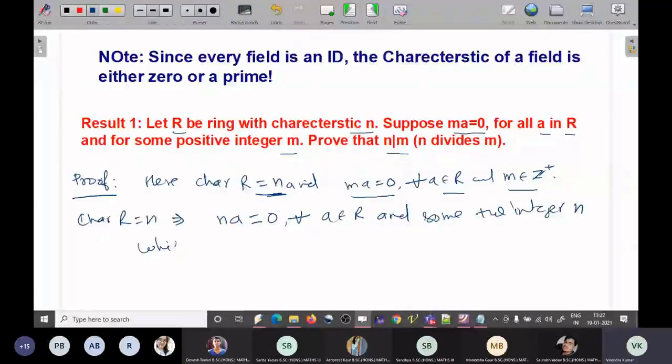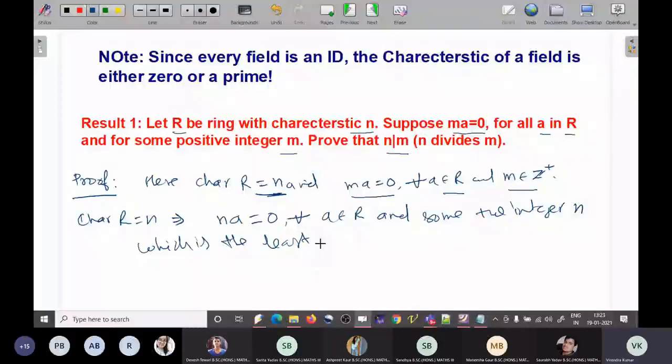So when n is the least integer for which n times a equals 0 holds, it is sure that m has to be greater than or equal to n.